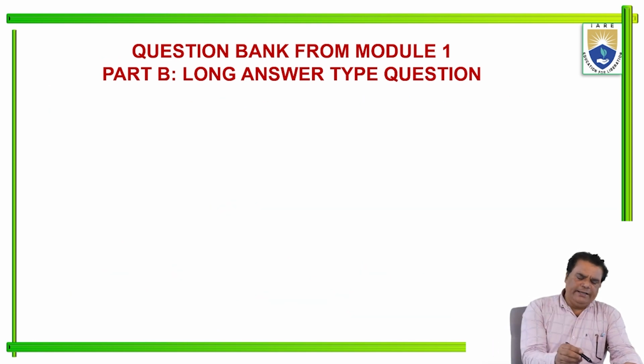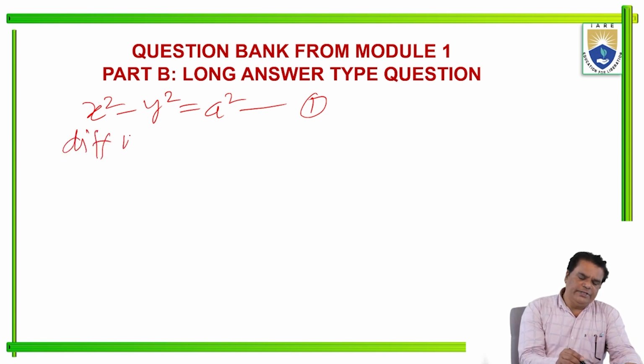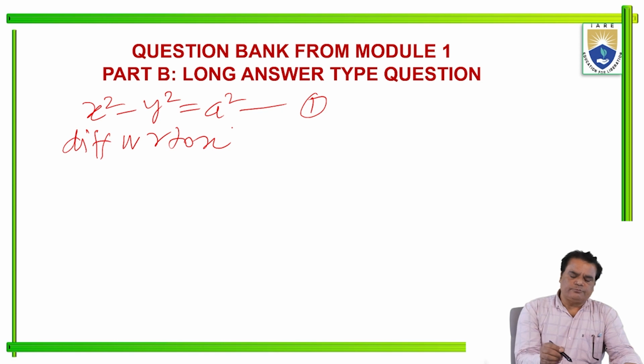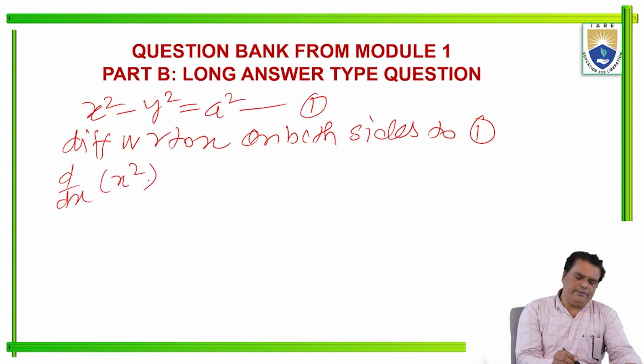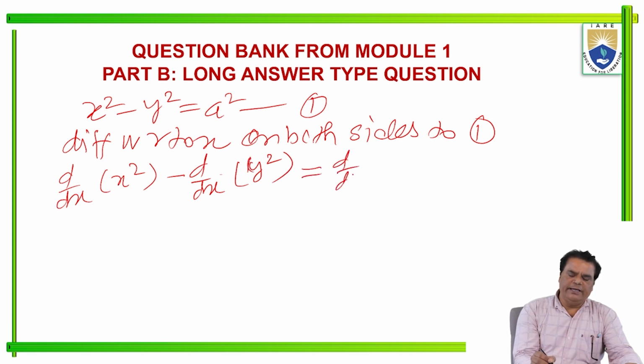So how can we find it? Here x square minus y square equal to a square, this is equation 1. Differentiating with respect to x on both sides, we get d over dx of x square, d over dx of y square, d over dx of a square.